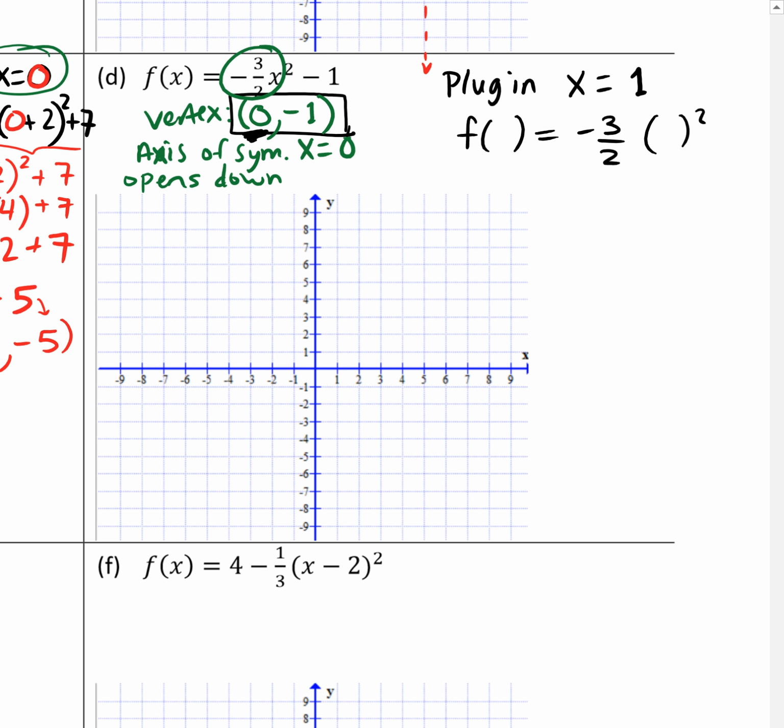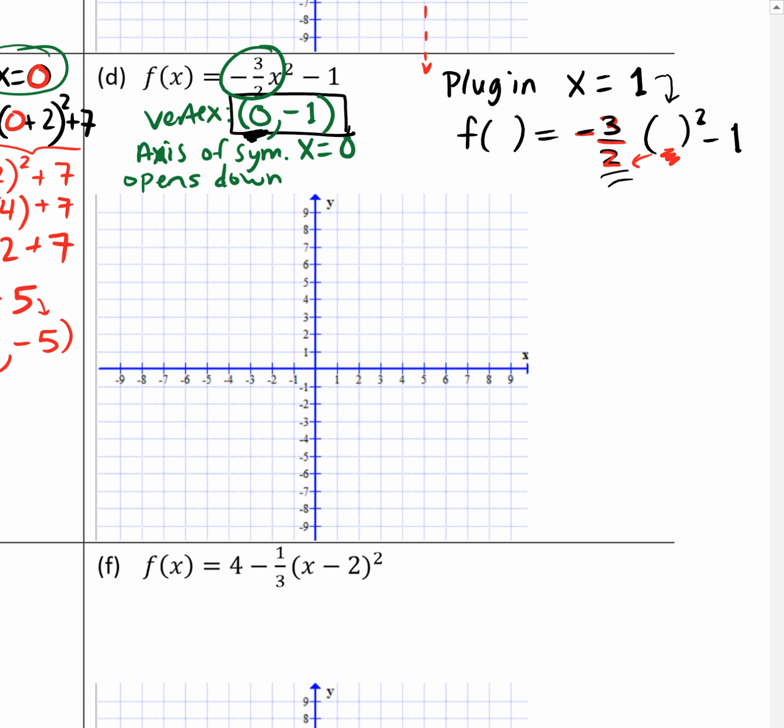You know what, though? Now that I'm seeing this guy, think about what's going to happen here. If I put a 1 in there, 1 squared is 1. But then 1 times 3/2, that's not going to be pretty. So you might want to think about what kind of number can multiply by a fraction like this and give me a nice value. It would be nice if whatever this ended up being, and this 2 reduced a little bit.